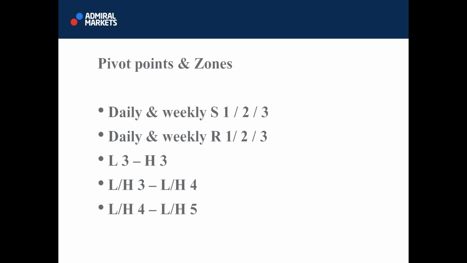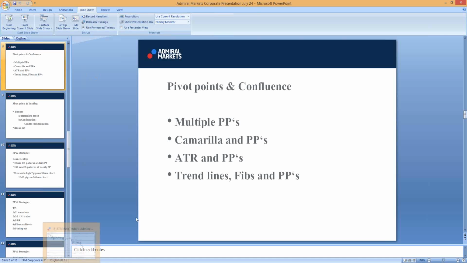These are just examples. Point is, support and resistance. Today we saw, for instance, a supply-demand indicator in the live trading webinar this morning, also in combination with pivot points. So it's good to look for confluence. So let's take a look at the charts again.